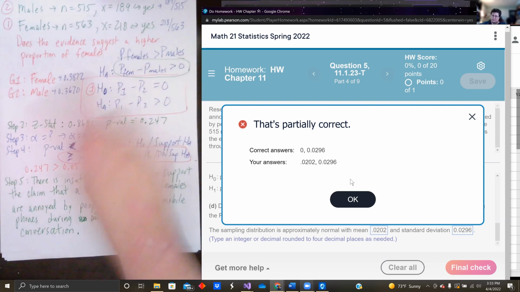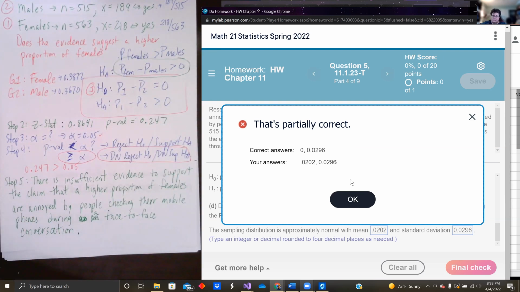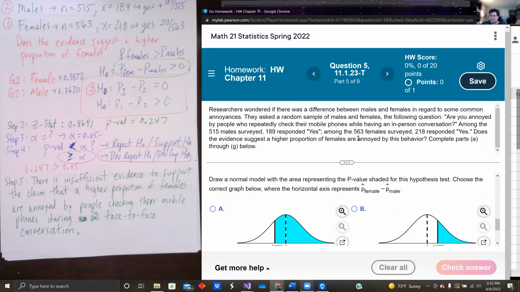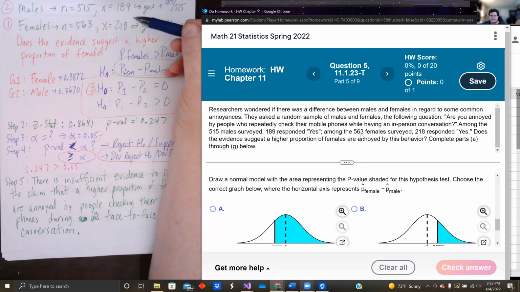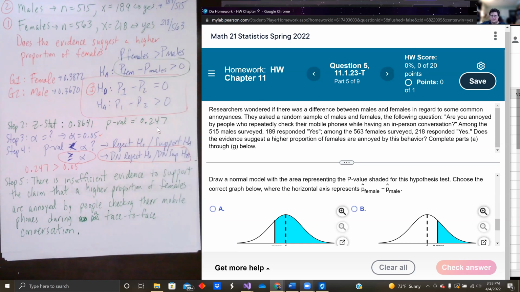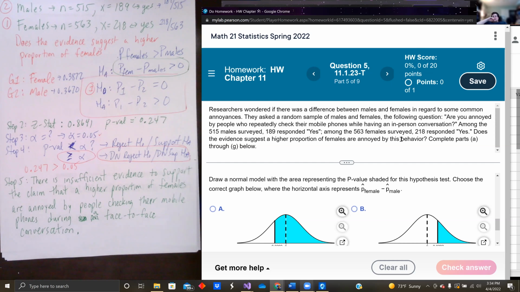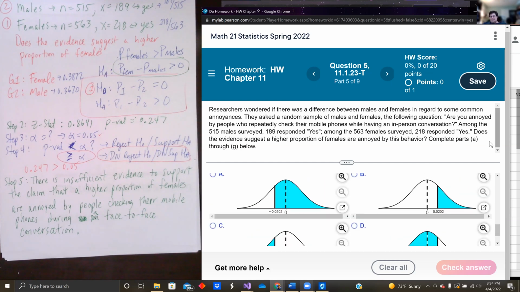That value is right, and that value is right also. So maybe I used the wrong number somewhere. I've got 515 and 189, I see those right here. And I've got 563 and 218. Nope, the computer's got a mistake. That's annoying.